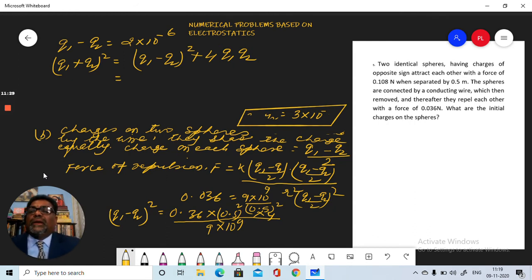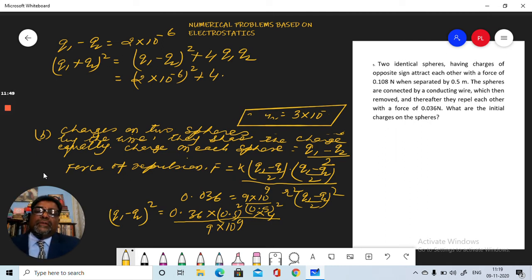So Q1 minus Q2 we have calculated 2 into 10 raised to the power minus 6 square plus 4 into Q1 Q2 we have calculated recently, that is Q1 Q2 is 3 into 10 raised to the power minus 12.